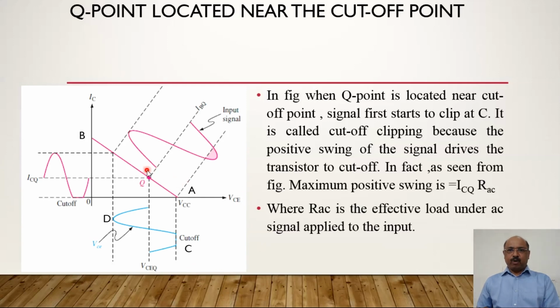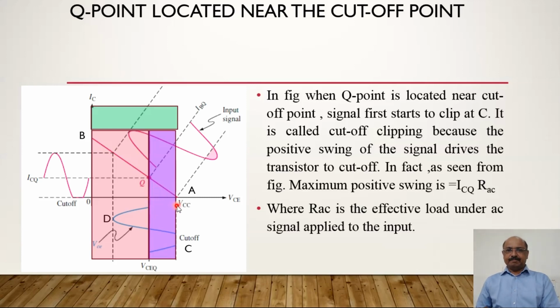When the Q point is located near the cutoff point, this much distance is covered by VCEQ, and the rest of the distance up to the cutoff point is covered by ICQ RAC.